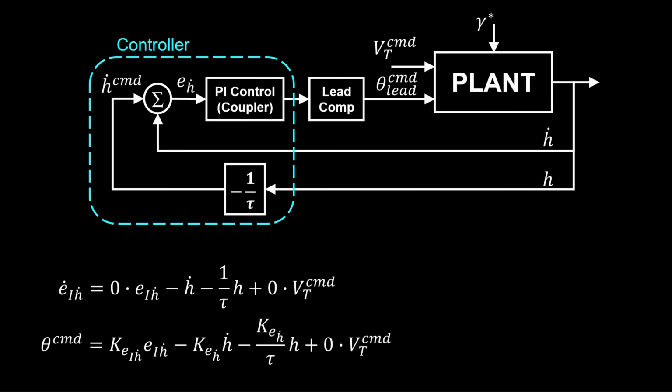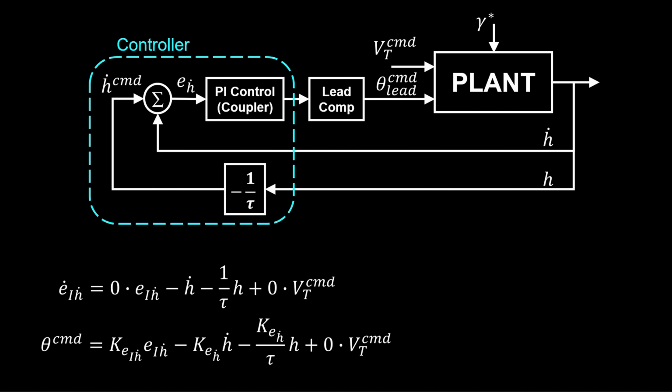Note that the plant receives the commanded airspeed. This is input to the airspeed controller in the plant, but we would like to make VT command part of the flare path controller as an input. So we simply add 0 times VT to the dynamic controller equations.